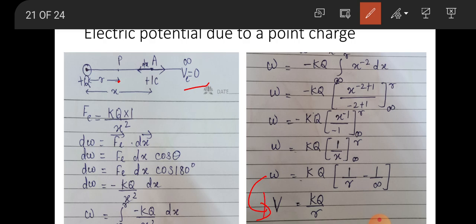So this is the electric potential required to move the point charge from infinity to point P. From this equation we can say that the electric potential depends on the magnitude of the charge and the distance. So, got how we have found the electric potential? It is very simple. If you want to see it once more, you can have a look over it.